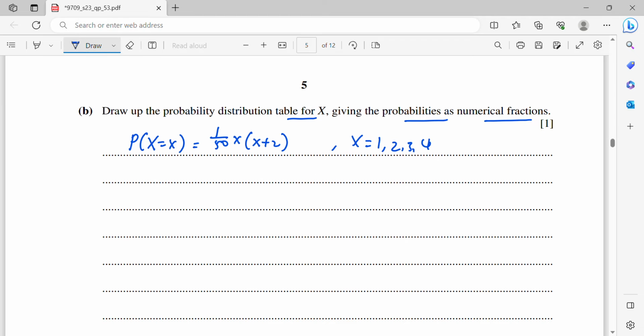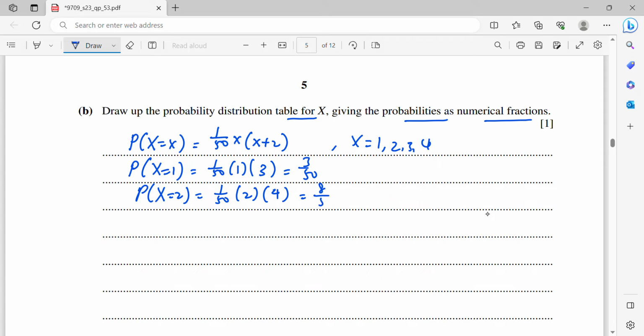Okay, so now when P(X = 1), it will be 1 over 50, 1 times 3. So 3 over 50. When P(X = 2), it will be 1 over 50, bracket 2 plus 2 is 4. I will get 8, because 4 times 2 is 8. 8 over 50.